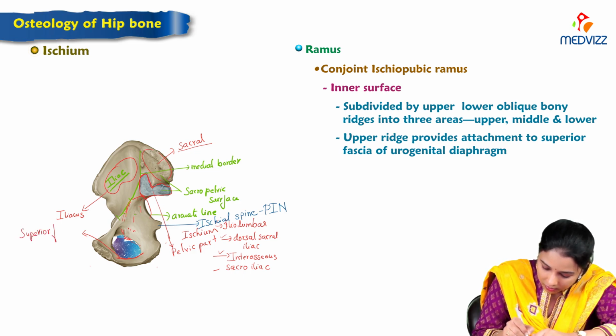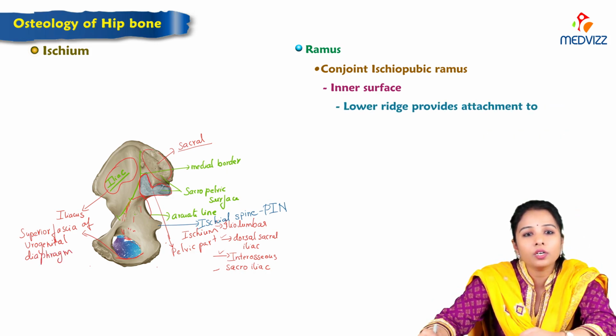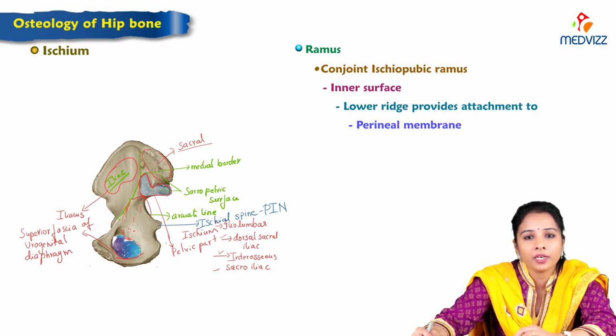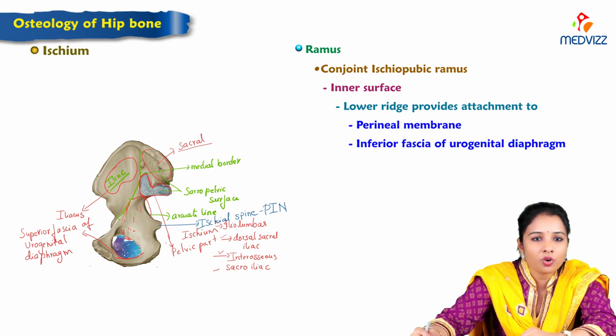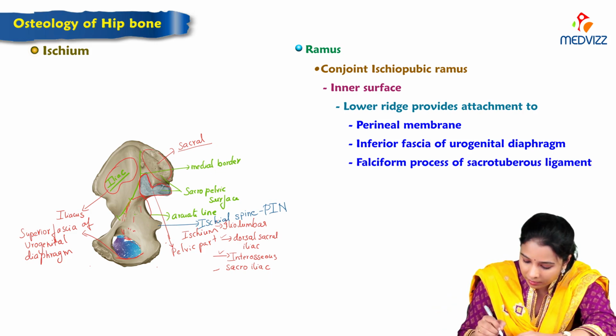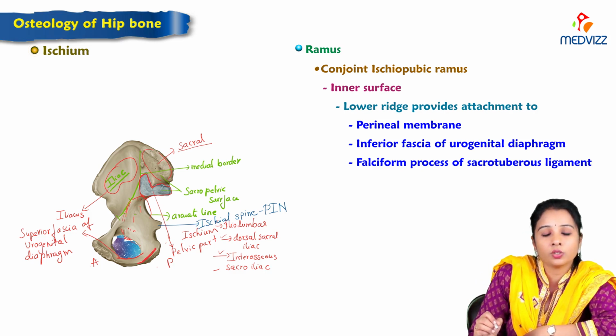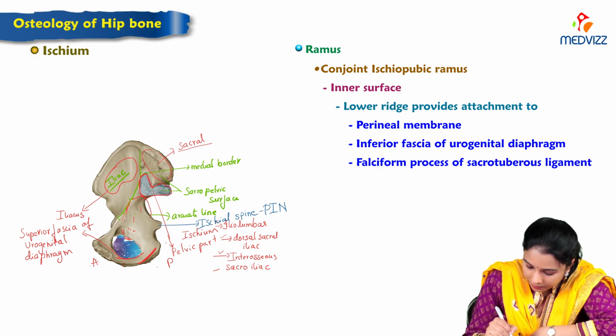And the lower ridge provides attachment to the perineal membrane and inferior fascia of the urogenital diaphragm, and it also gives attachment to falciform ligaments and sacrotuberous ligaments. So this is the anterior side, this is posterior. So it gives attachment to sacrotuberous ligaments, falciform ligaments, and also to the perineal membrane.